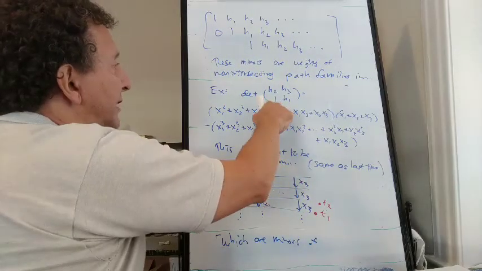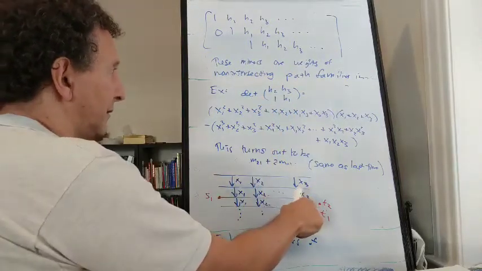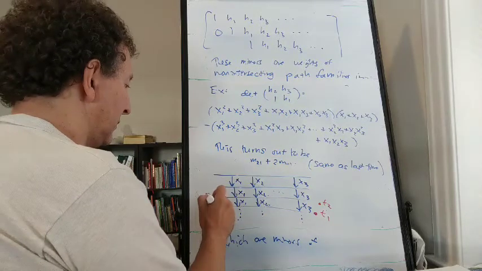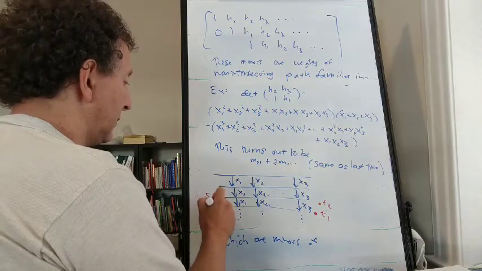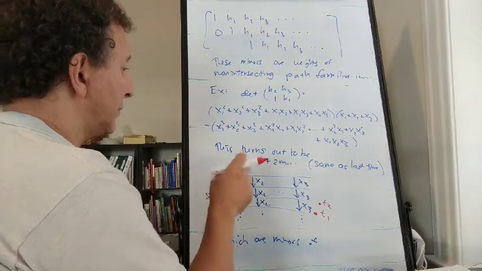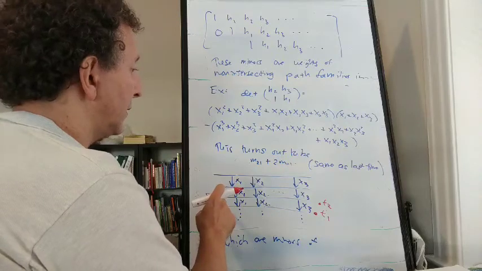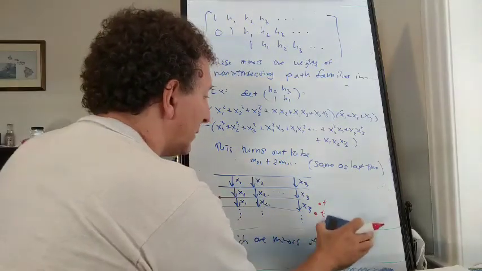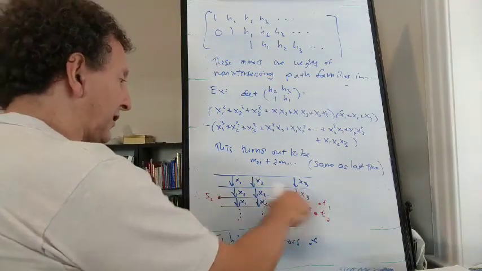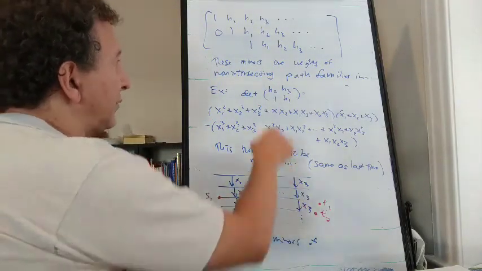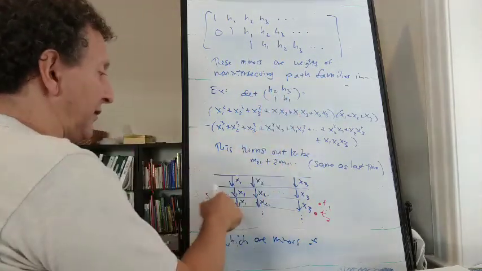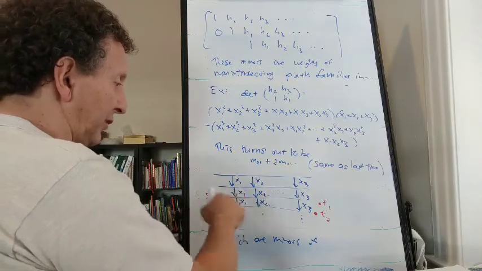Because we want to have exactly one path from source 2 to sink 1. From source 1 to sink 2, there's h1 path, which is the same as e1. So every variable, x1 plus x2 plus x3.